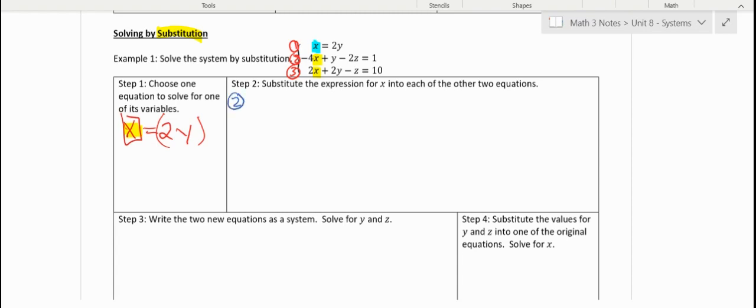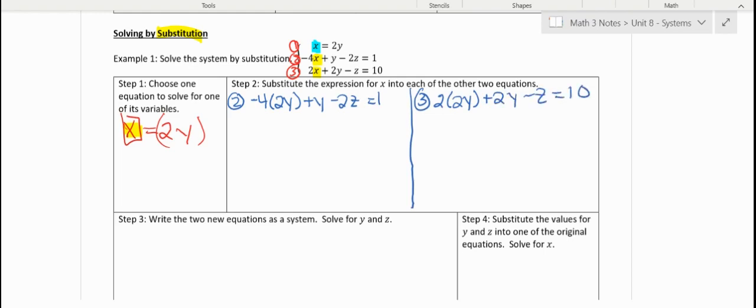So we're still doing that substitution step. Let's say I call this one equation 2. In this one, I'm going to put in 2y for x. And then I'm going to do the same thing with equation number 3, substituting in my 2y for x. If I go ahead and solve it out, I get negative 8y for the second one, plus y minus 2z equals 1.